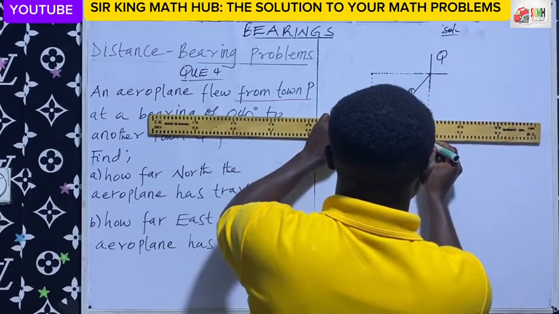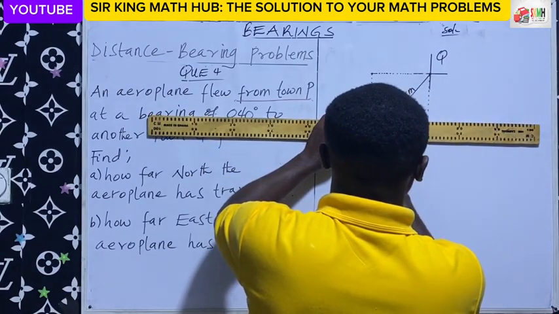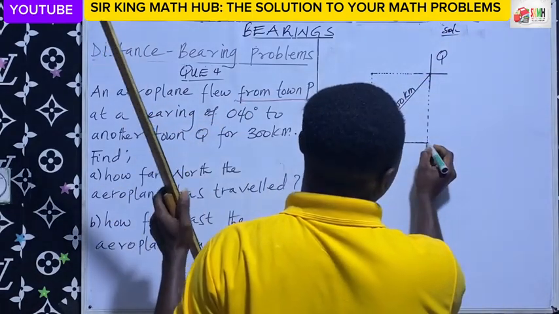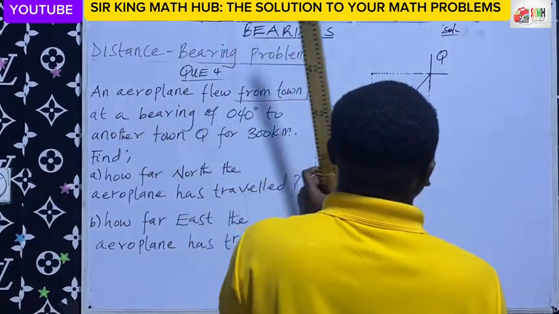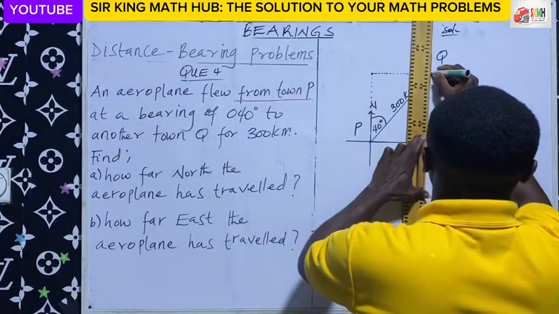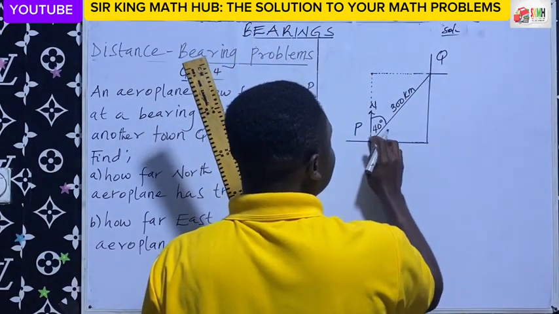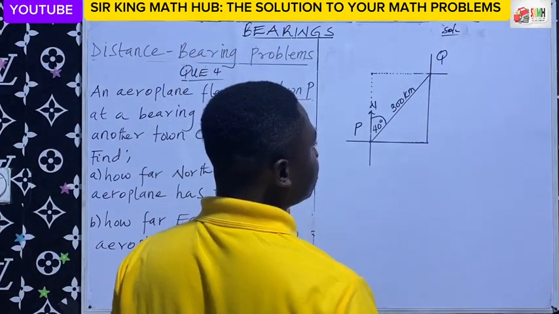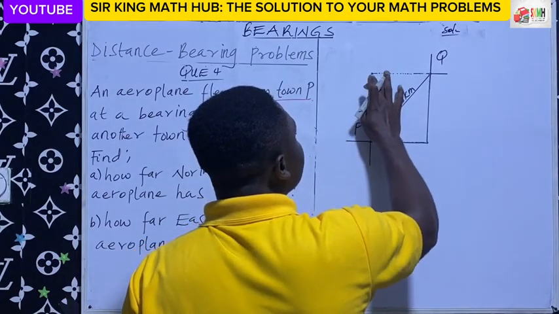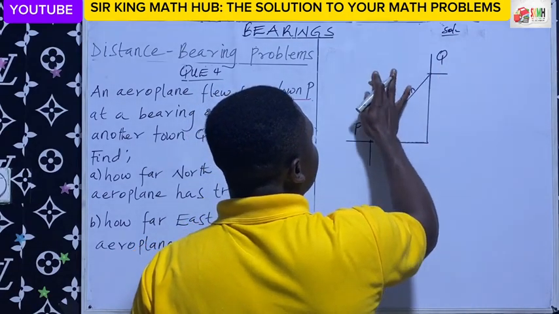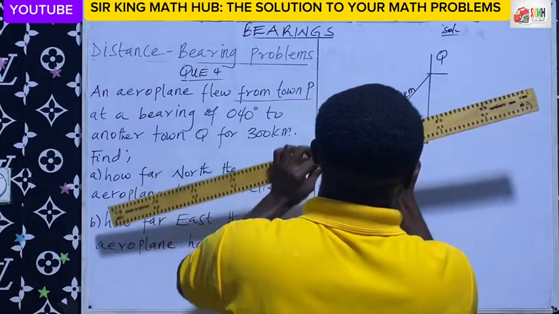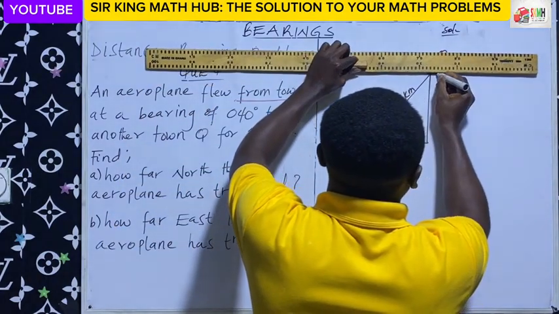So this line here represents how far east it has traveled. And this length here is also the same as how far north it has traveled. So I will not use this; I'm going to focus on this side.